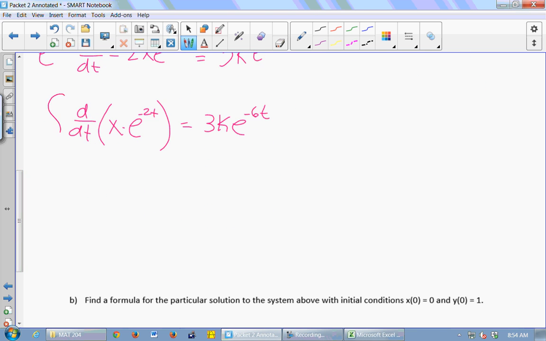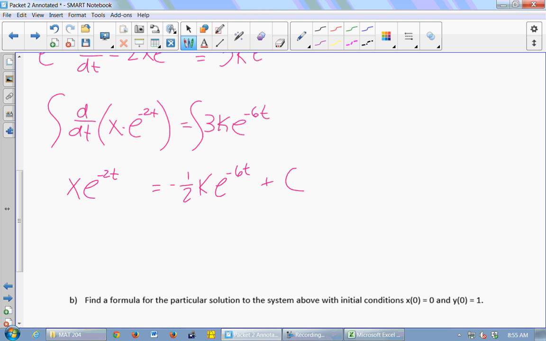And then I integrate, and over here I get x e to the negative 2t. And over here, 3k is just a constant. So the antiderivative of e to the negative 6t is going to be negative 1/6, negative 1/2 k e to the negative 6t. Plus c.